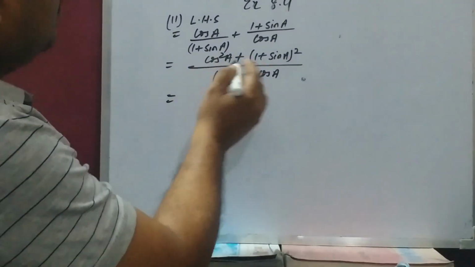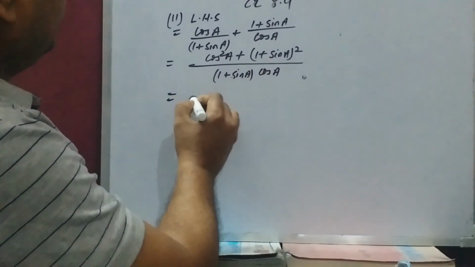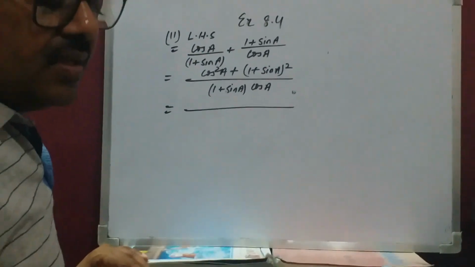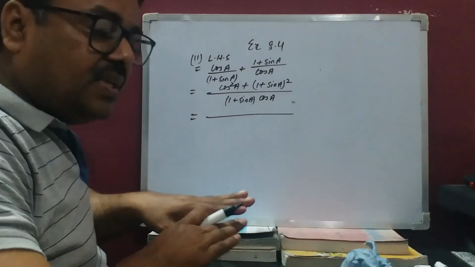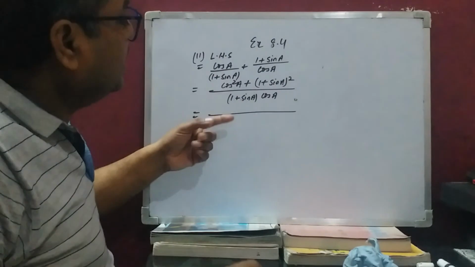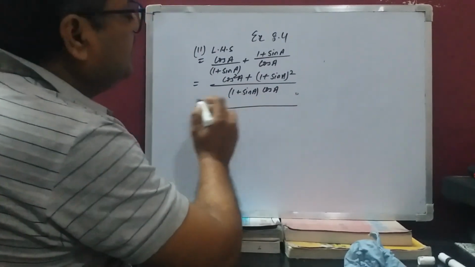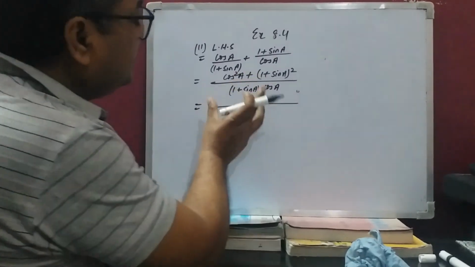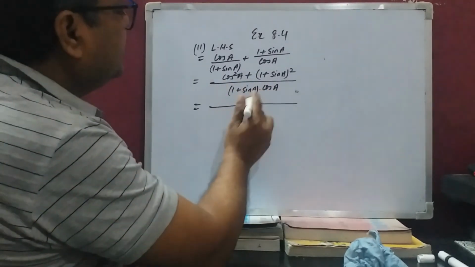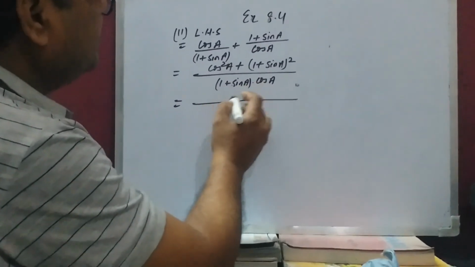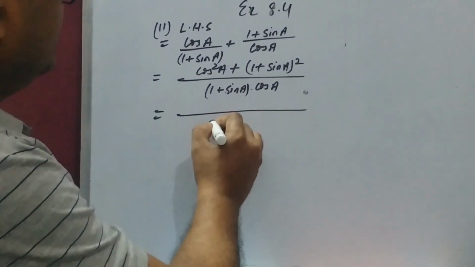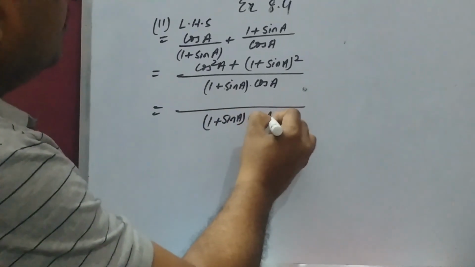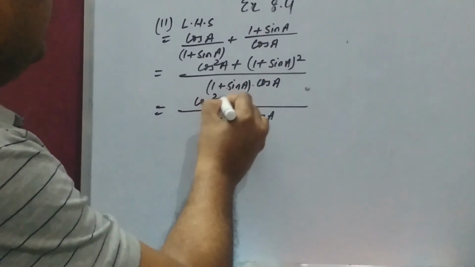Okay, and now open this bracket, and please don't open the denominator, because in RHS the denominator is not given, so we have to cancel out this denominator, and this will be cancelled out when it is in the factor form. So don't destroy this factor form. Hence don't open this denominator. So write it as it is, 1 plus sin A into cos A, and this is cos square A.